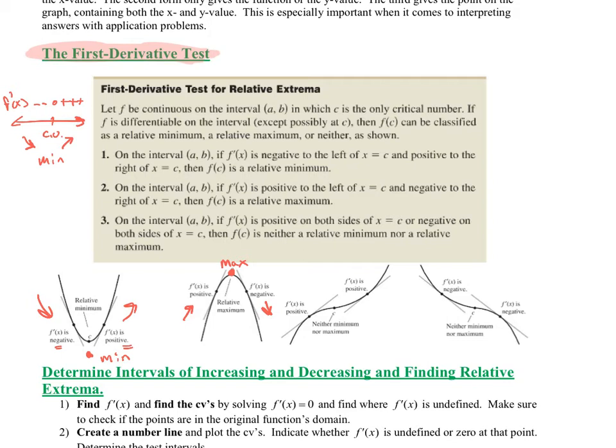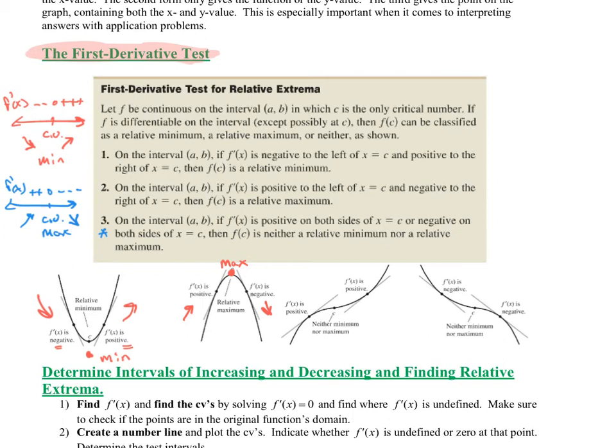We also know if we're looking at a sign chart and that derivative goes from positive to negative at a point, we have a critical value at that point. That means it was increasing then decreasing, making that point a relative or local maximum. One thing that it does state here is if on both sides of the critical value it's positive or both sides it's negative, we can't conclude that it's a maximum nor a minimum.